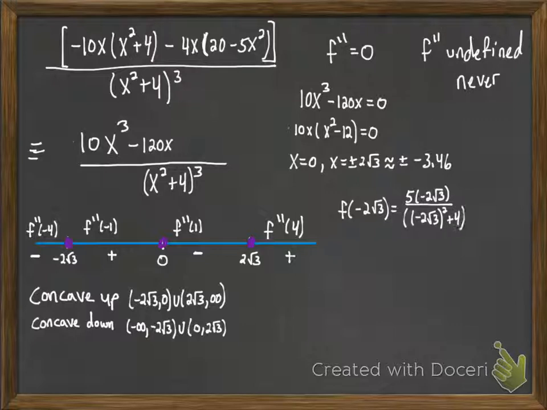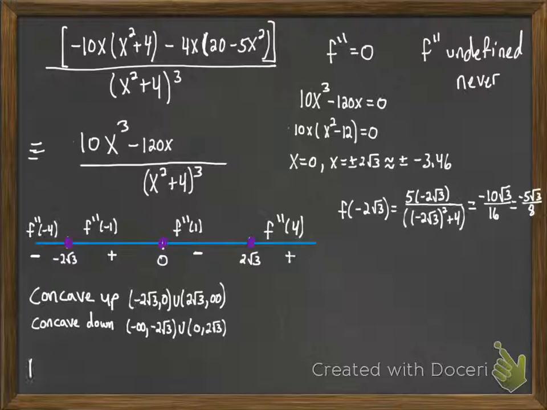When I plug negative 2 square roots of 3 into the original function, because we want to determine what the point is on the graph of the original function, I get the following, and upon simplifying, you get negative 10 square roots of 3 over 16, or negative 5 square roots of 3 over 8.